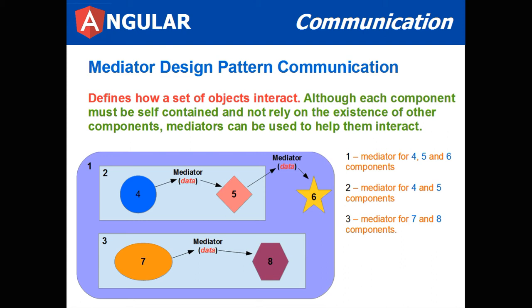Number 2 can be a mediator for 4 and 5 components. That is, component number 4 can pass data to its parent container, and that parent container can pass data to its child number 5 component. And number 3 mediator can be used for 7 and 8 components.